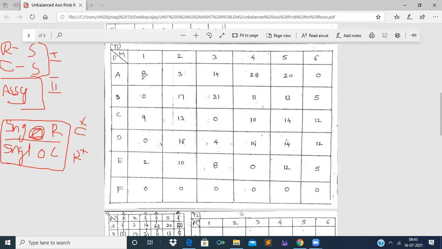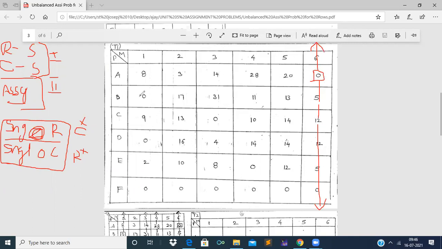So first we have to search for single zero row, first row. Observe carefully: 8, 3, 14, 20, 20, 0. So first row is containing a single zero. Therefore, as we are searching for single zero row, we have to strike off this column in which assignment is made, so we are striking off the sixth column.